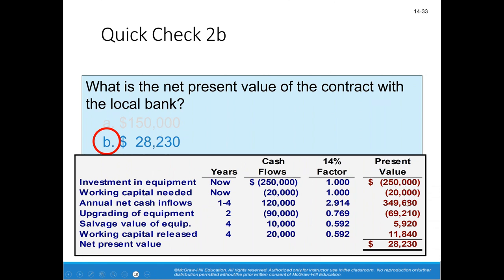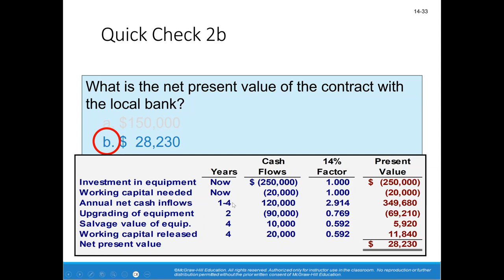Here are the factors. Anyway, again, there's two different factors. The factor of a single payment, which would be the equipment, the investment in the equipment, the working capital, and since we pay that now, that net present value would be the current value. And then a factor of an annuity.